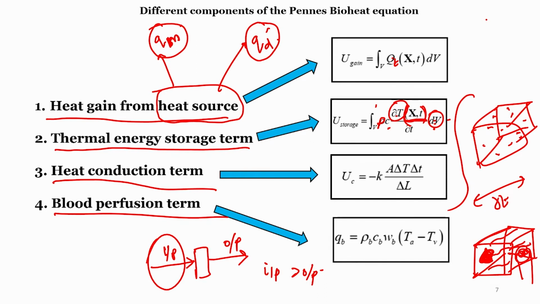That process is the heat conduction term, which depends on the thermal conductivity of the tissue, like how well the tissue conducts the heat generated at a local point and makes it universally distributed.